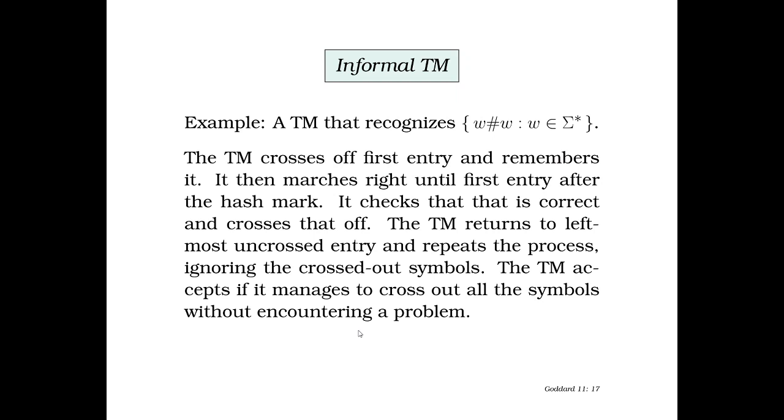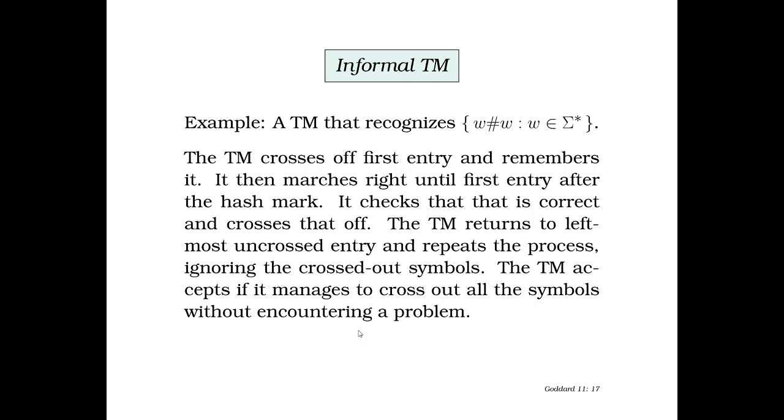If we look here, how this works is it moves so that it finds the first entry, crosses it off, and remembers it. Then it starts moving to the right until the first entry is found again after the selected symbol, which is the hash mark.